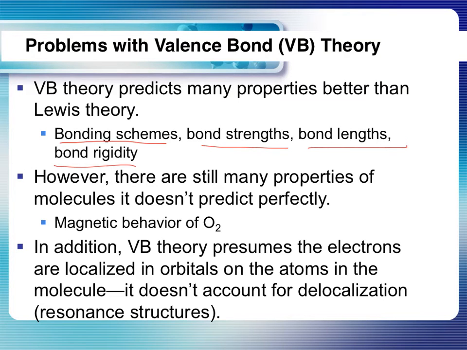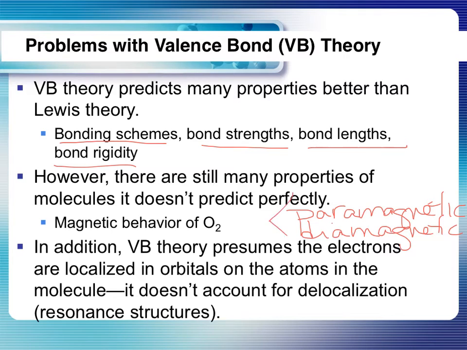There are a couple of really important things that valence bond theory does not do, and that is properly describe what we call paramagnetic and diamagnetic properties of molecules. This is kind of obscure, but we're going to go ahead and get started talking about molecular orbital theory. It's a good time to take a break if you want.